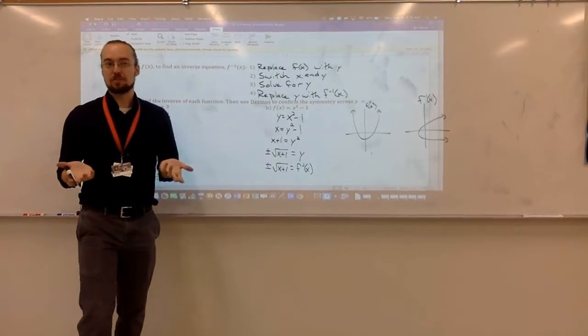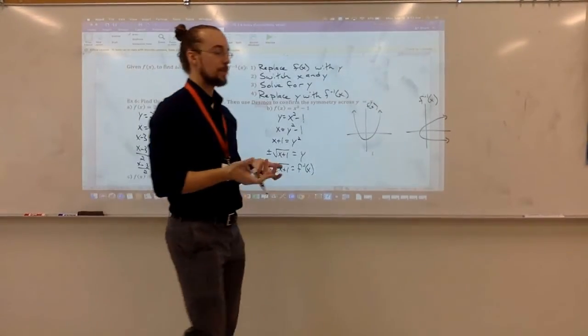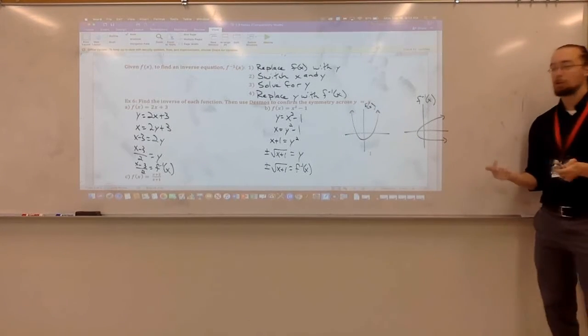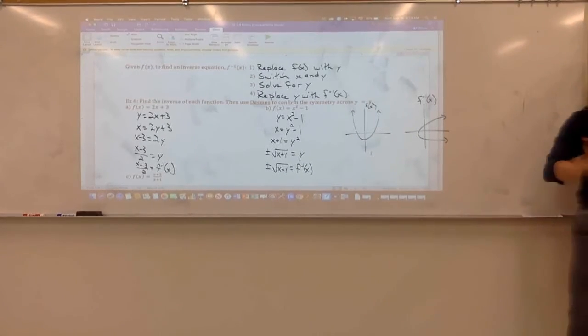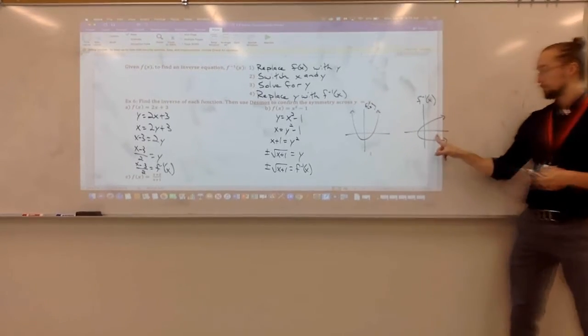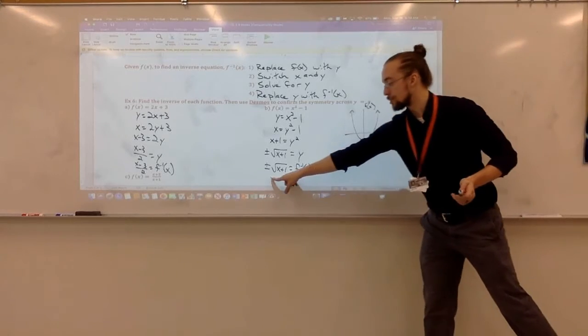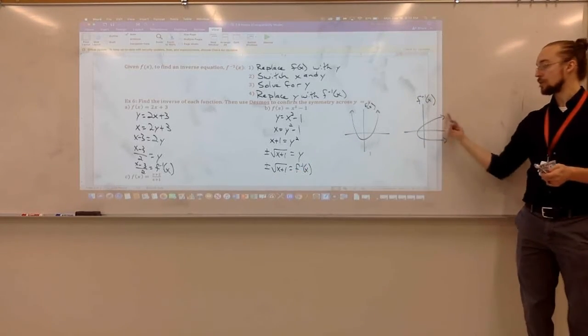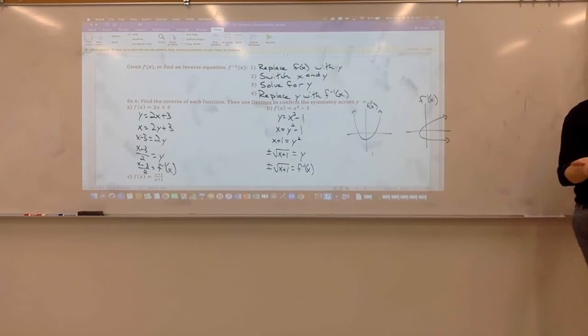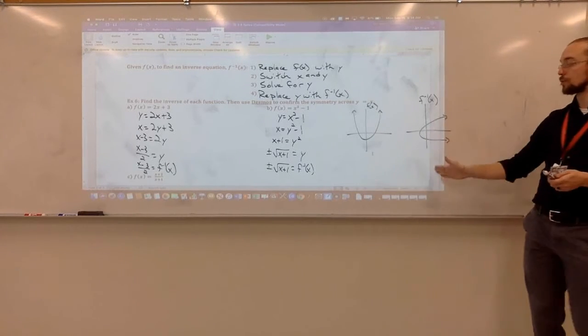But we just found an inverse function, right? What the front is saying is, in order for the inverse to be a function, the original graph has to be one-to-one. What we just found, this plus or minus the square root of x plus 1, is the inverse of this graph, but this is not a function, because it doesn't pass the vertical line test.